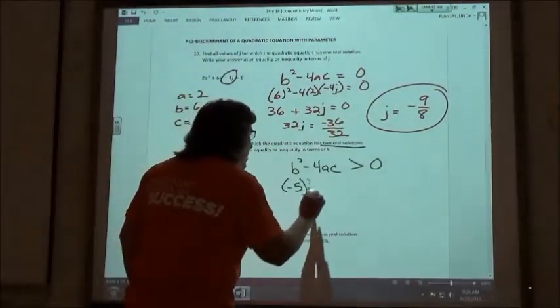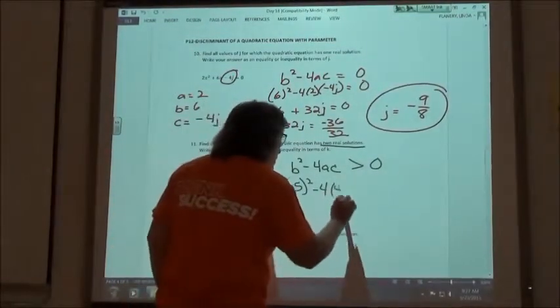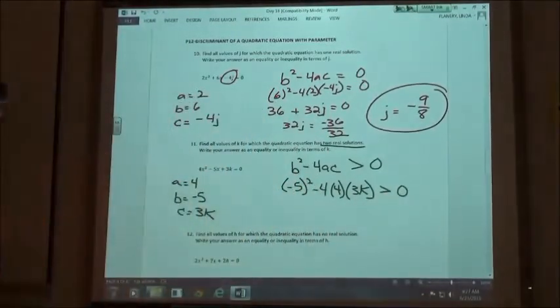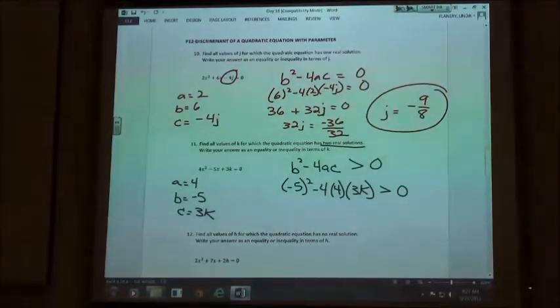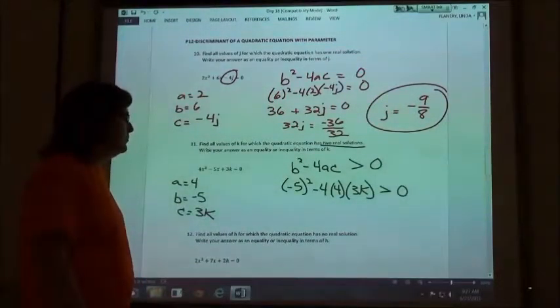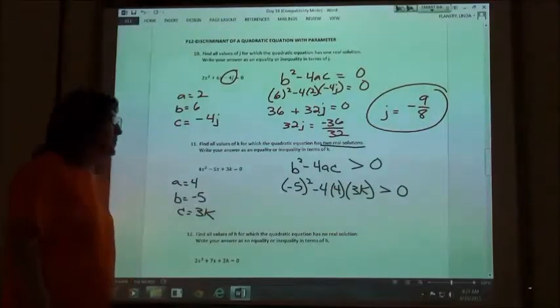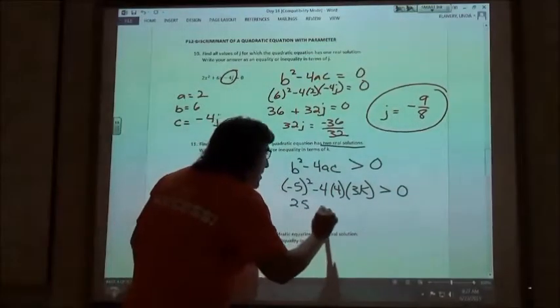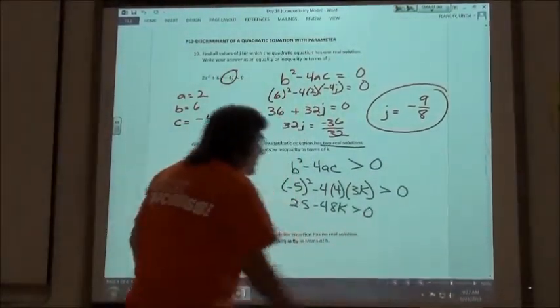So negative 5 squared minus 4 times a is 4 times c is 3k has to be greater than 0 in order to make that a true statement. So solving that, we would get minus 48k is greater than 0.